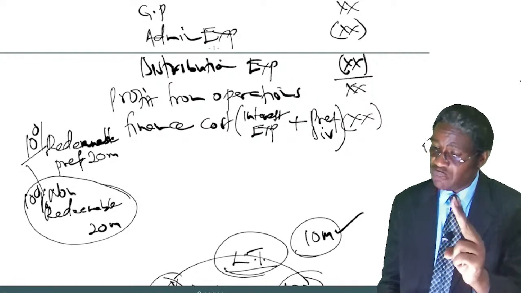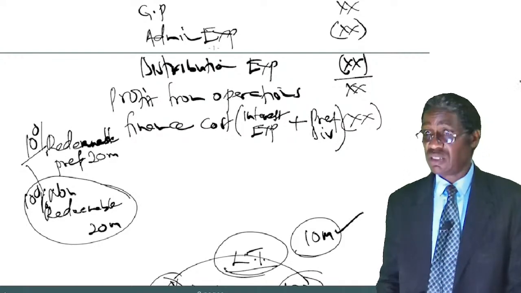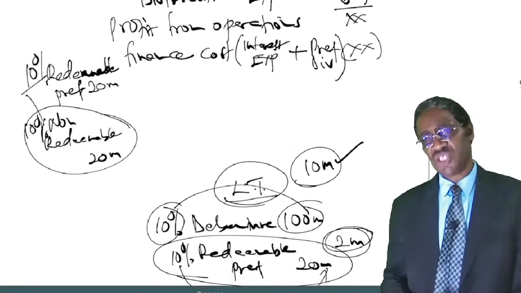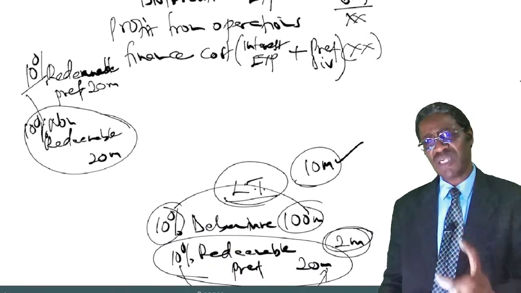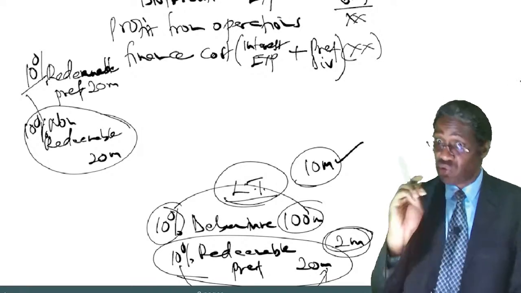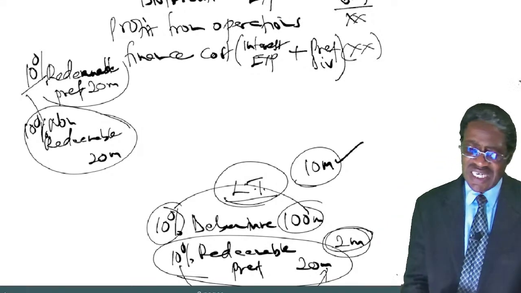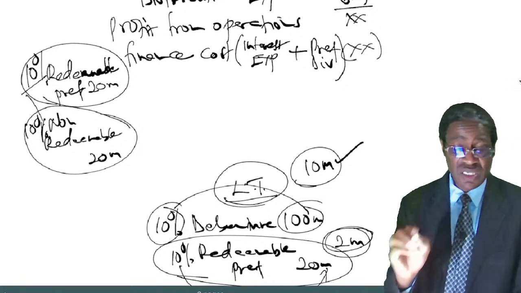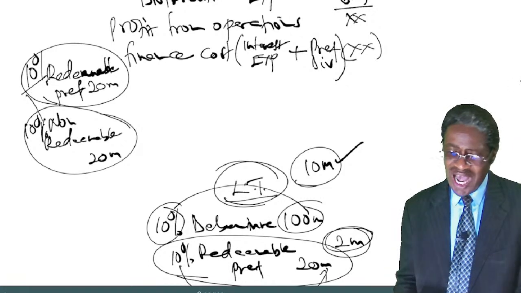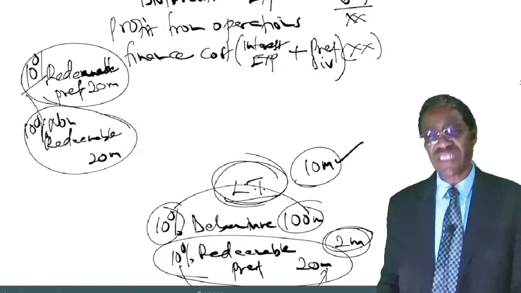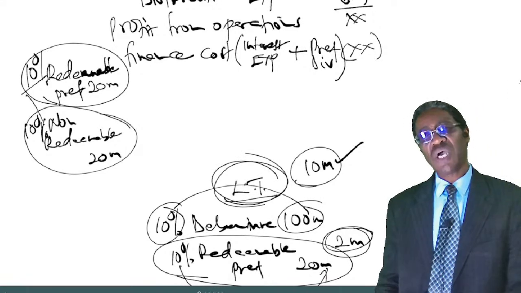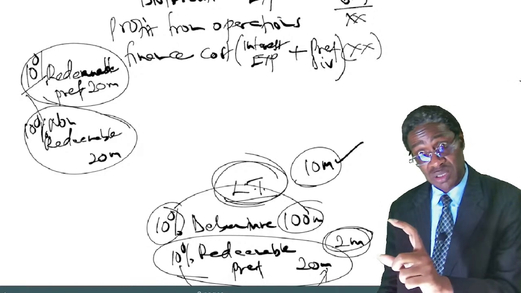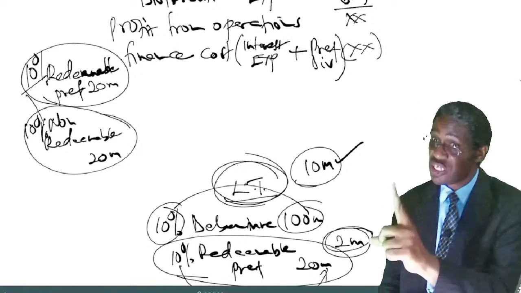The other important point you need to note is that even in the balance sheet, we don't take them to the same place. I've told you, if it's a redeemable preference share, it should be considered as a long-term liability in the balance sheet, because you must pay back.